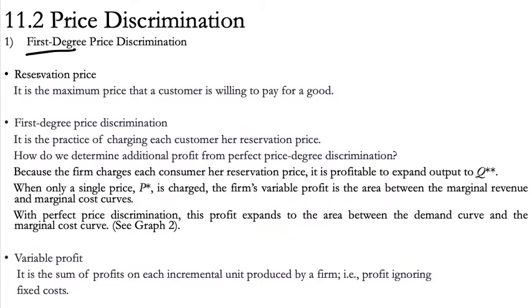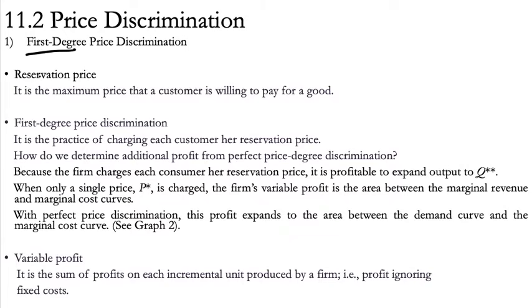When we talk about first degree price discrimination and relate it with reservation price, it means you as a firm can charge every single consumer or customer his or her reservation price. What makes it possible for you to charge that way? Probably you have perfect information in the market. You have a spy, for instance.